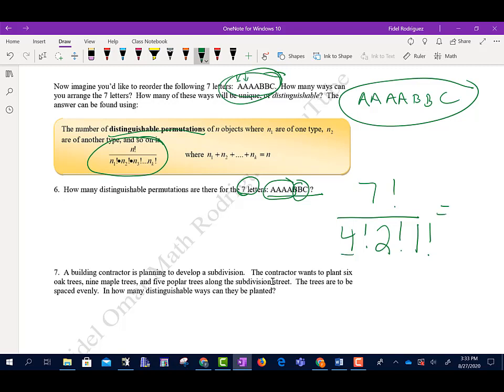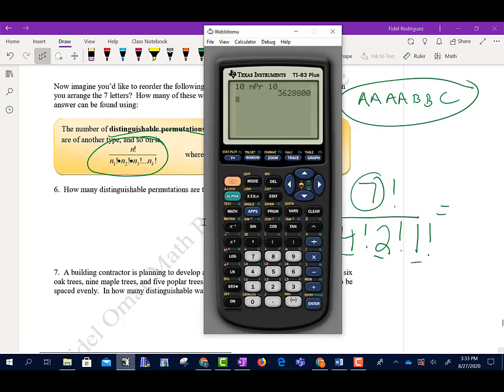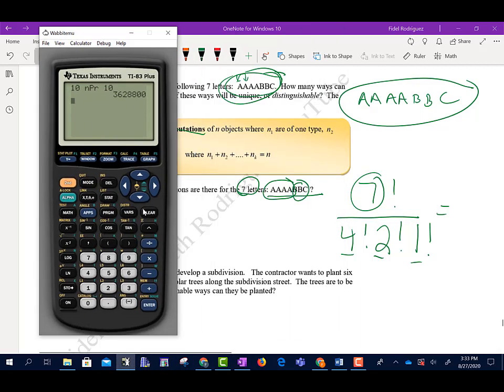Notice, guys, if I were just to take the numbers 4, 2, and 1, add them together, that would give me 7. All right, let me grab my calculator again and clear it out. So we're going to go 7, math. I want to get to the factorial button, which is the exclamation point. There we go. Divided by, now I'm going to put all this stuff in parentheses.